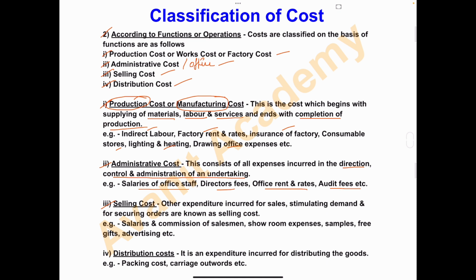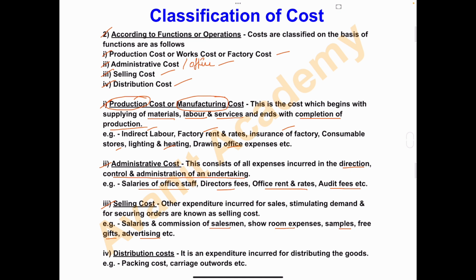For example, salaries and commission of the salesman, showroom expenses, samples, free gifts, advertising, etc. To sell the product, what do we have to do? We have to appoint salesmen to sell the product. For them, we have to give salaries, commission, bonus, etc. Then showroom expenses, giving free samples, demonstration of the product, free gifts, vouchers, etc., and advertising of the product.